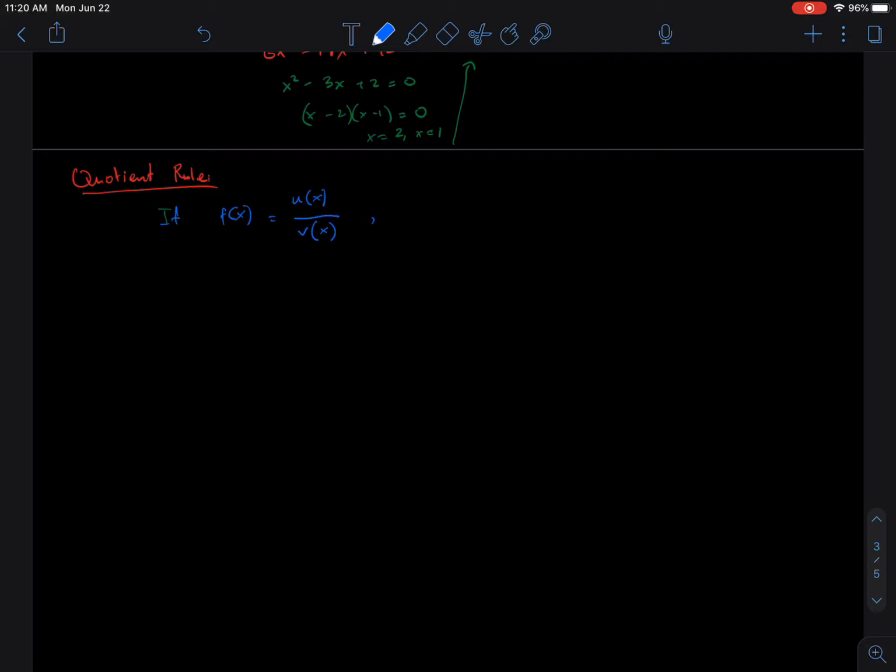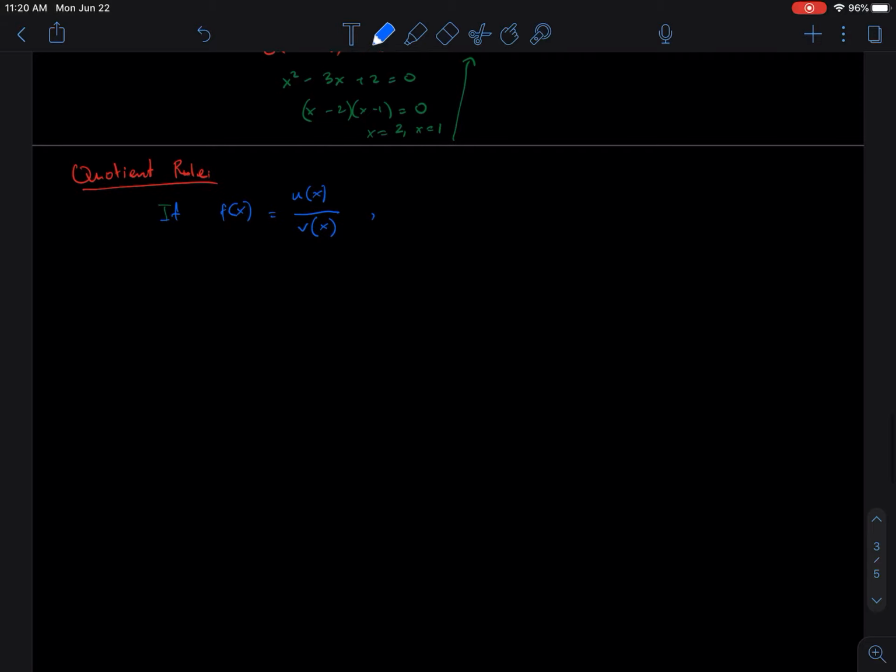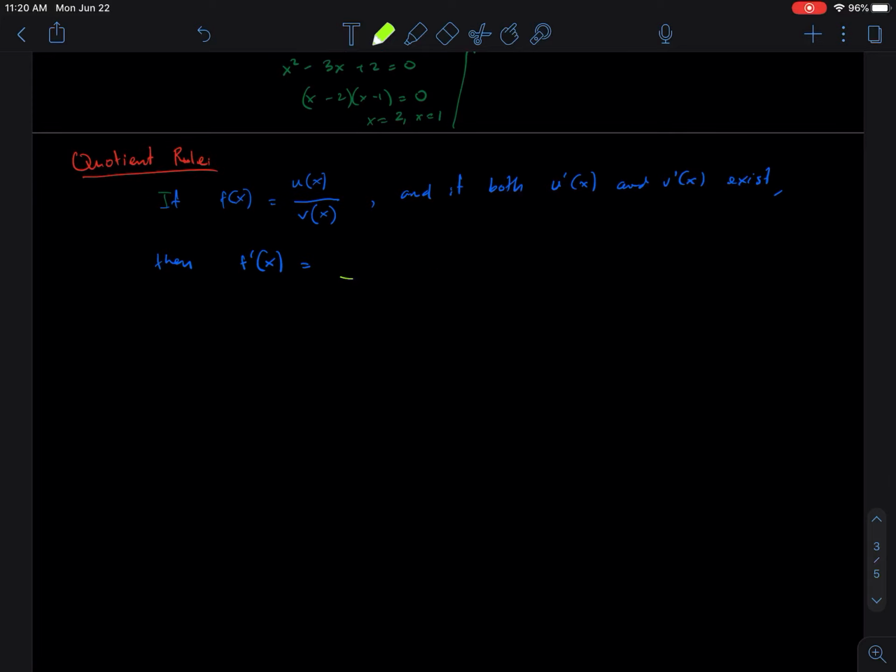So if this is the quotient function here, and also if both u prime of x and v prime of x exist, then the derivative of the function f of x is equal to the following. Okay, it's going to be a quotient.